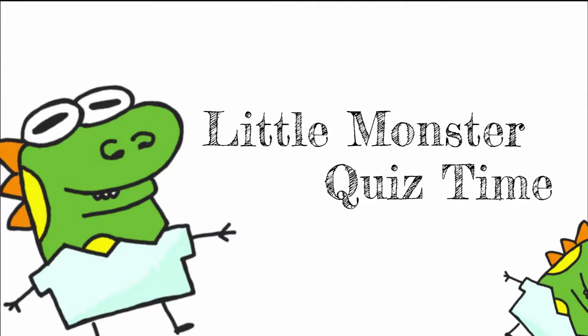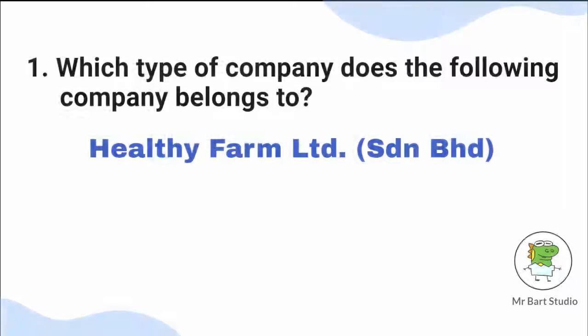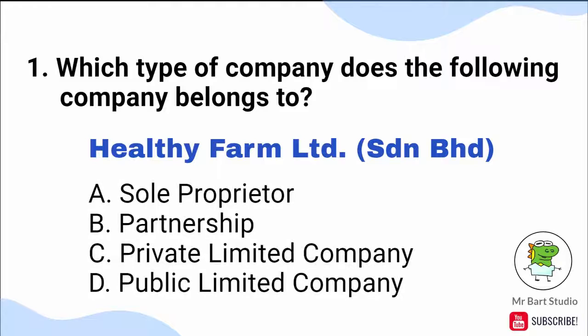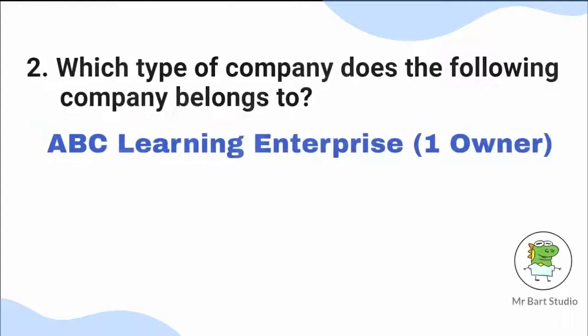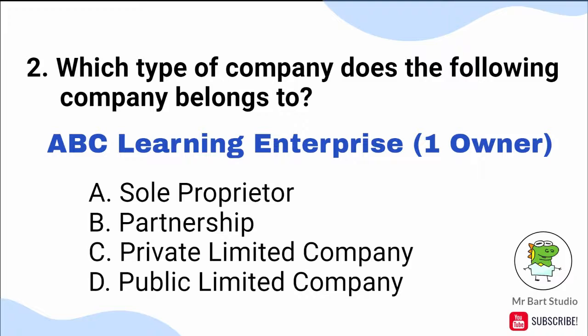Little Monster Quiz Time. Which type of company does the following company belongs to? The answer is C. Private limited company. Did you get the correct answer? Which type of company does the following company belongs to? The answer is A. Sole proprietor.